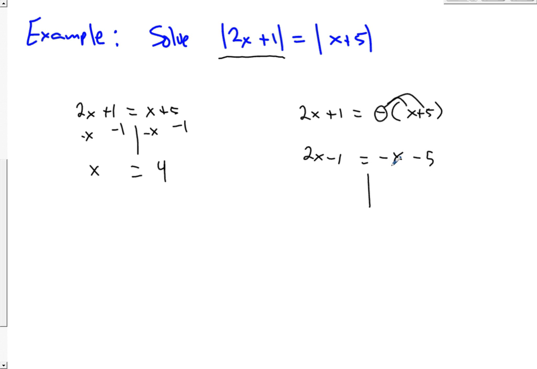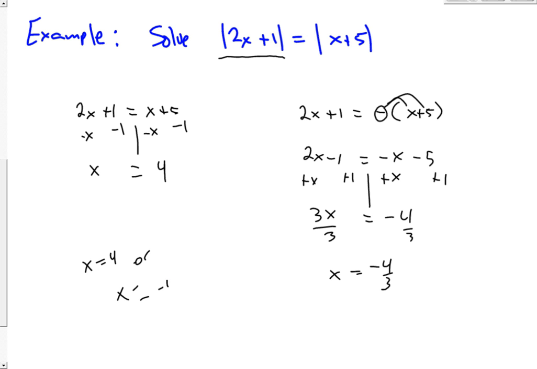So again, I'm going to get x's on one side, so I'm going to add x over here to give me 3x, and I'm going to subtract the 1, and that gives me negative 6. Now I have to divide by the 3, and I get x is equal to negative 2. So I have x equals 4 or x equals negative 4 thirds. And those are my solutions.